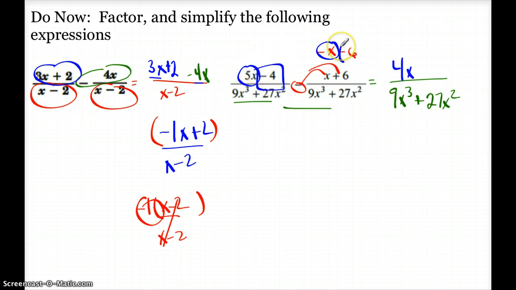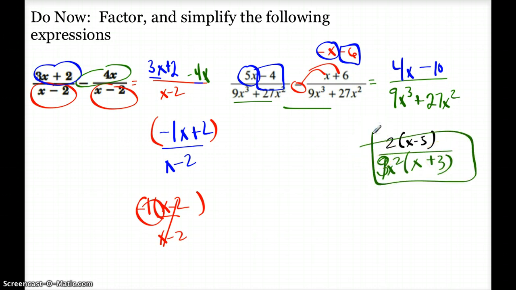Negative 4 and negative 6 make negative 10. GCF of each group: the top one has a 2x minus 5. The denominator is going to have a 3x squared, 9x squared, and we'll have x plus 3. None of which cancel, so we just leave it like this. Or if you'd like to put it back together, it'll look like that.